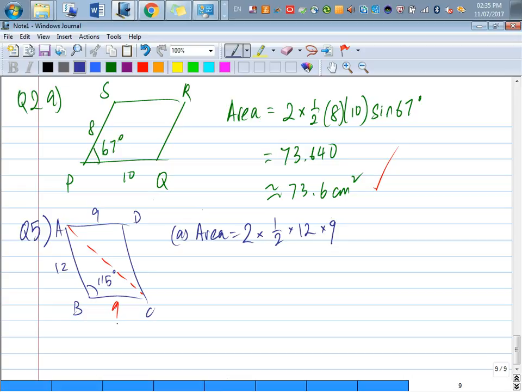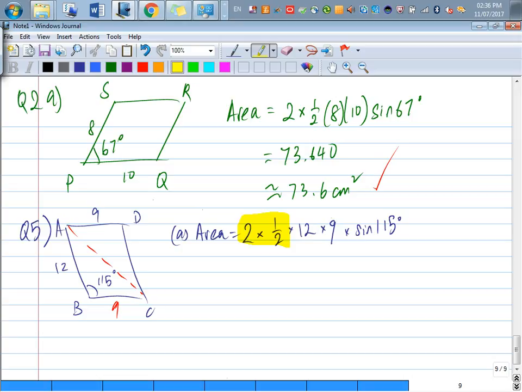Then what are you going to write? Straight away you're going to write 12 times 9 times sine 115, is it? Cannot, because I don't know where you get that formula from. I want the whole thing. I want to know that you know it is 2 times the area of a triangle. So I don't want you to leave these 2 out. I am going to highlight it to tell you how important it is.